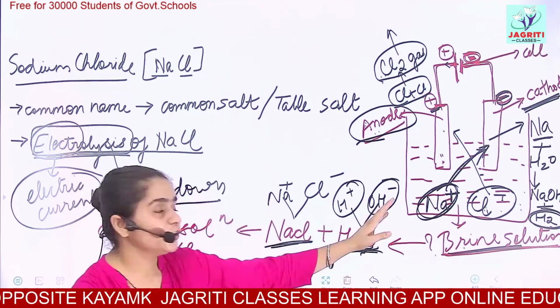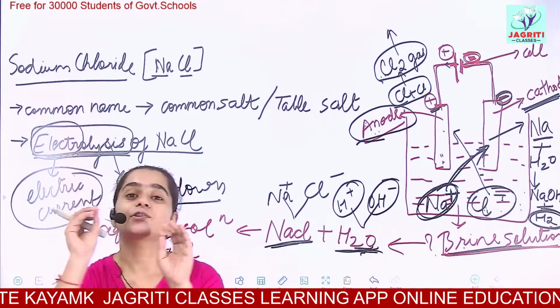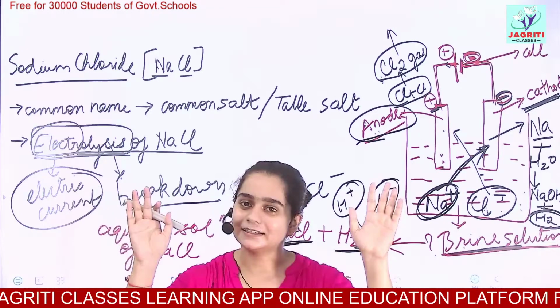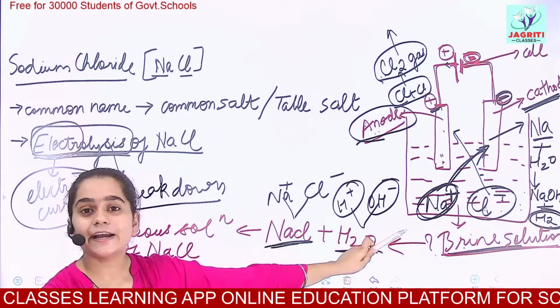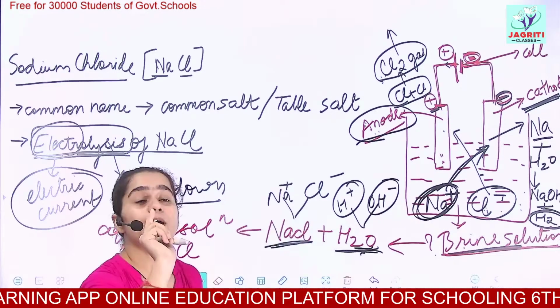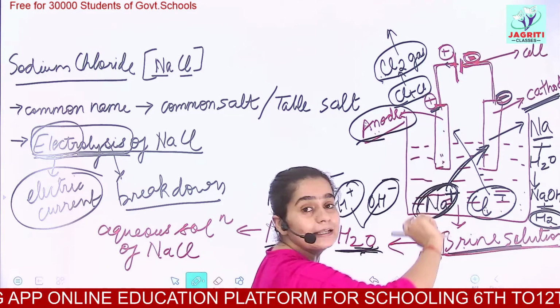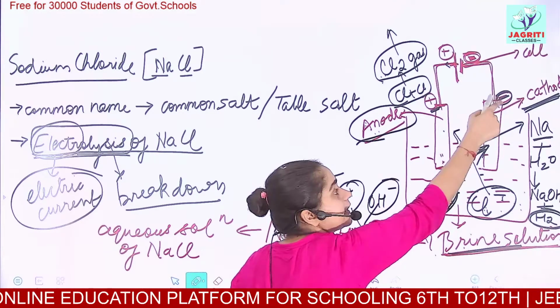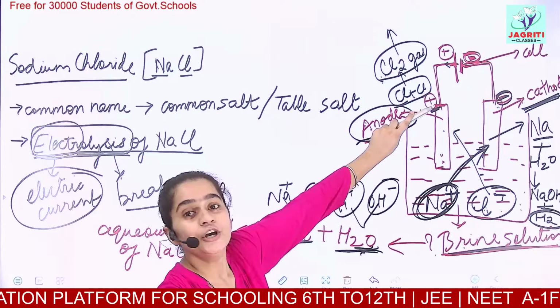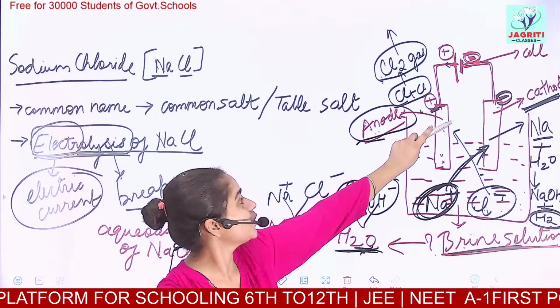What do you mean by electrolysis? When electric current is passed, NaCl breaks down into the respective ions. This is called electrolysis. And as we know, Na is positively charged, so Na will migrate to the cathode, that is the oppositely charged electrode. And here Cl negative will migrate to anode, which is the positive electrode or positive terminal.